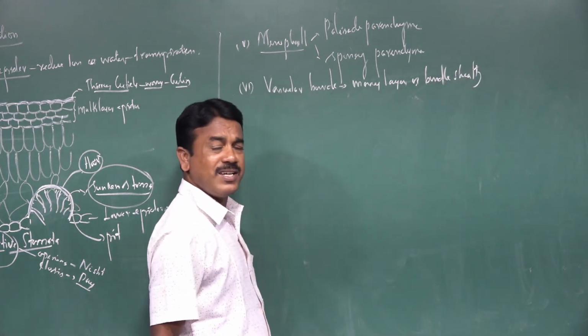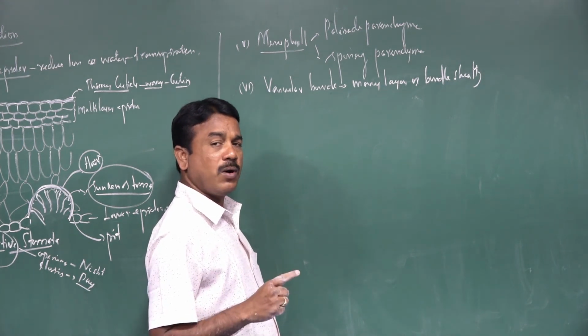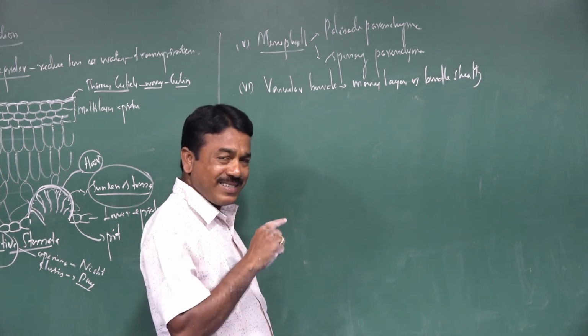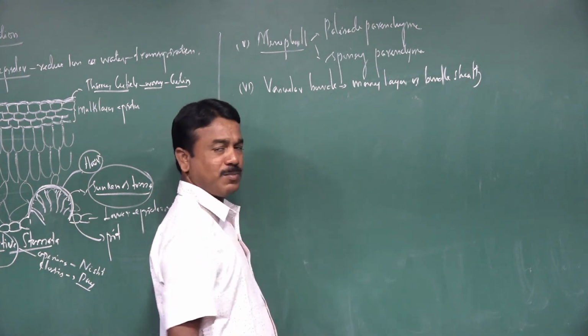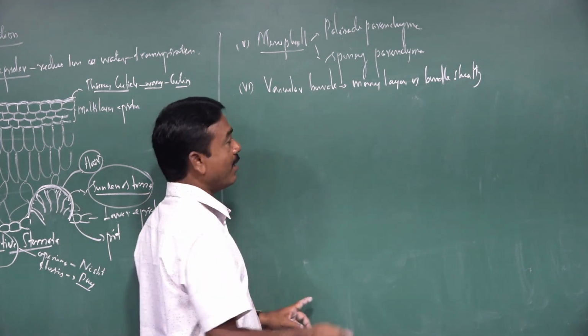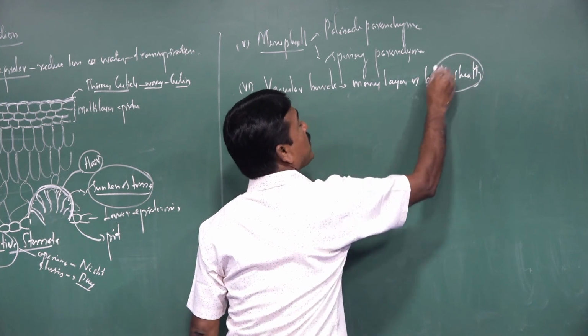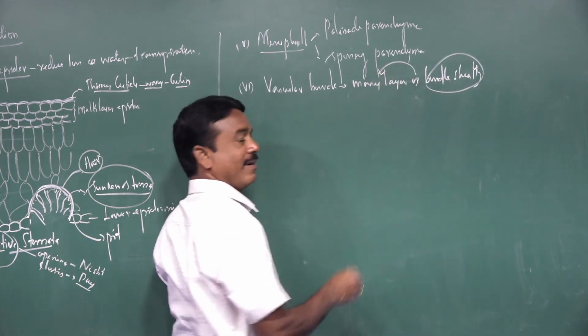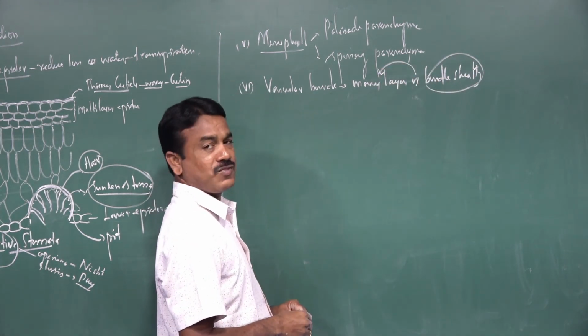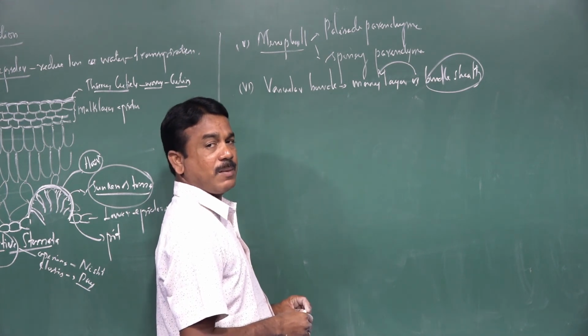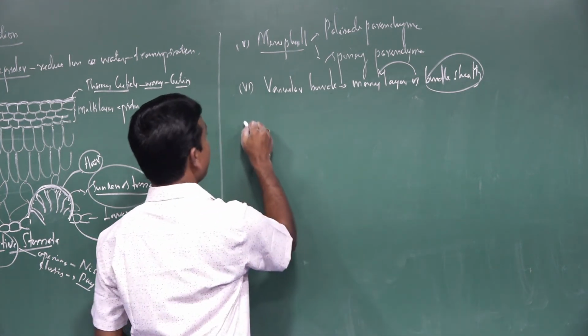What is called the bundle sheath? A vascular bundle surrounded by a sheath layer is commonly called the bundle sheath. But here, that bundle sheath is covered by many layers. That is one more characteristic feature of anatomical adaptation in xerophytes.